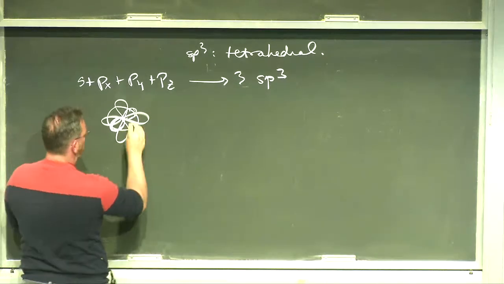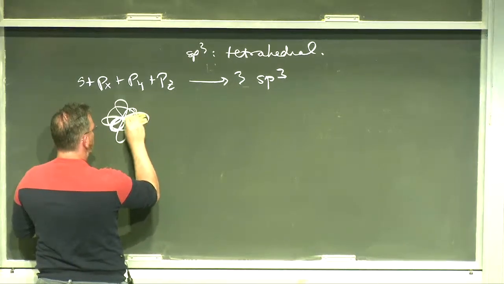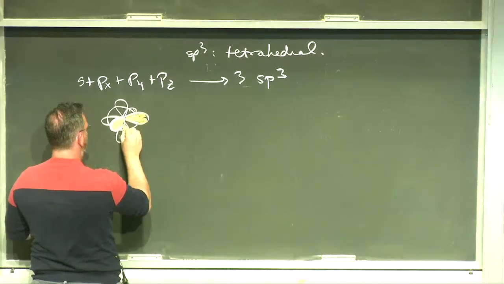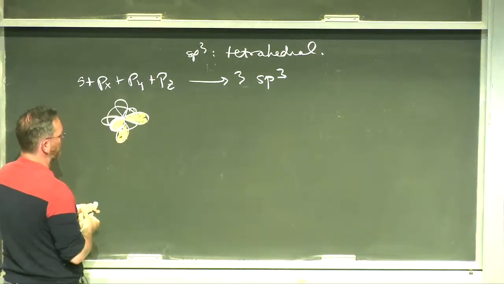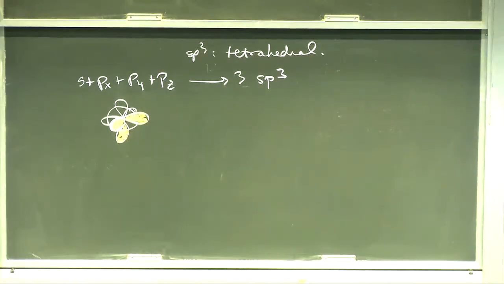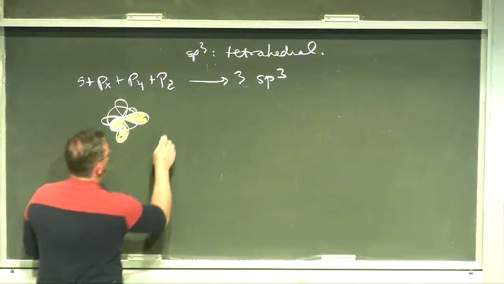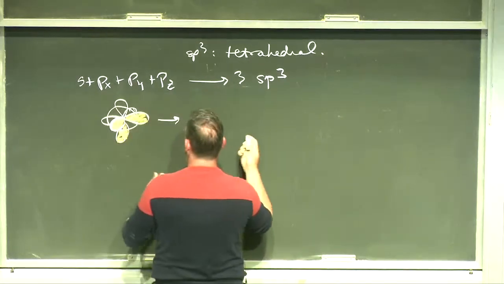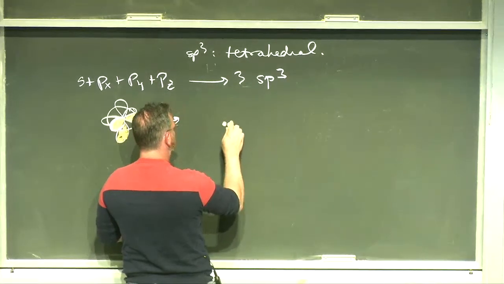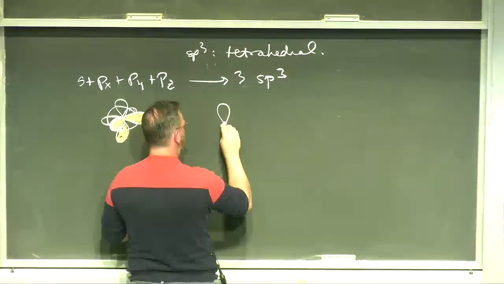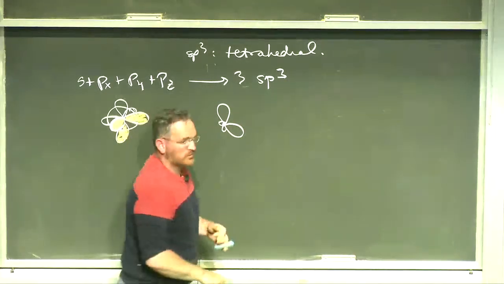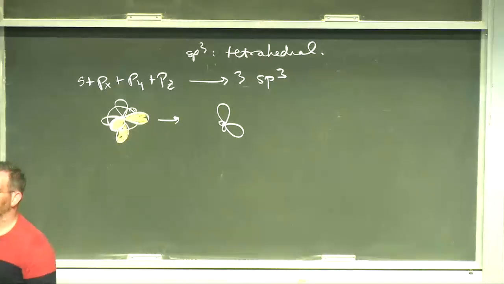Then we're going to fill in a whole bunch of spots. You may be looking at that saying, but that's so gross. To which I say, yeah, it is. So we're going to do that. And we're going to get 4 SP3 hybridized orbitals. And the big lobes are going to be pointing in the directions of your tetrahedron.